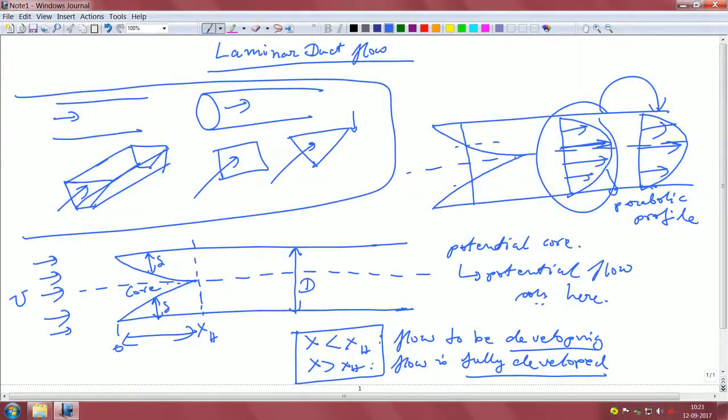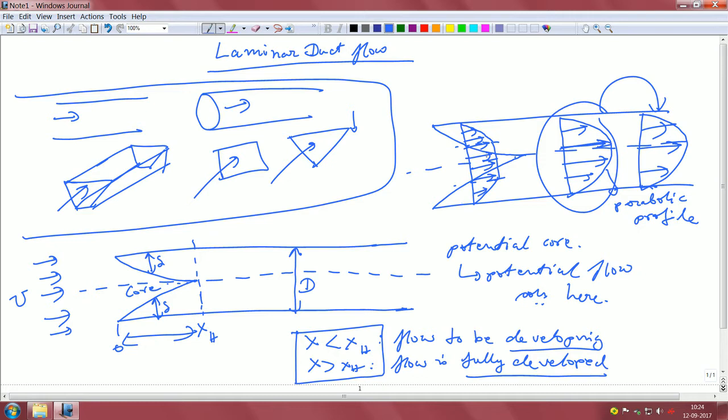If I draw it properly, you will have a rise from both sides like this, and then there will be some kind of a potential core like that. So, up to this it is basically the boundary layer, then after that it is the potential core.